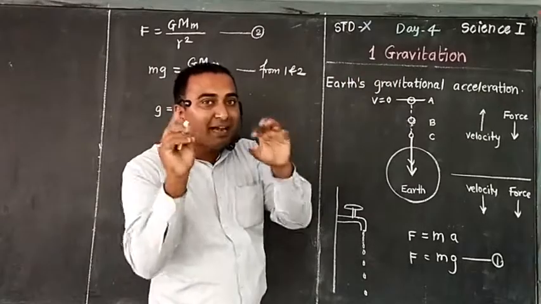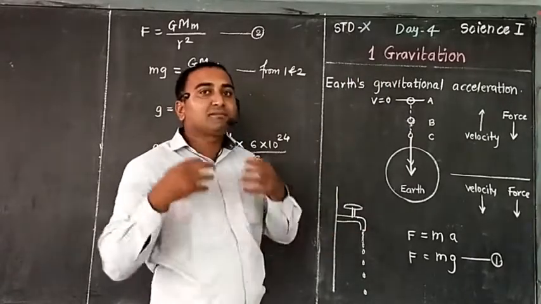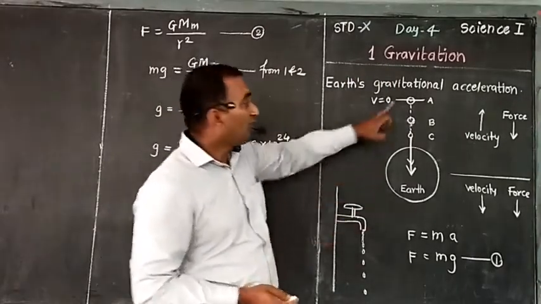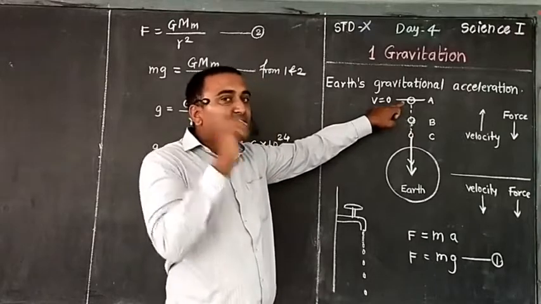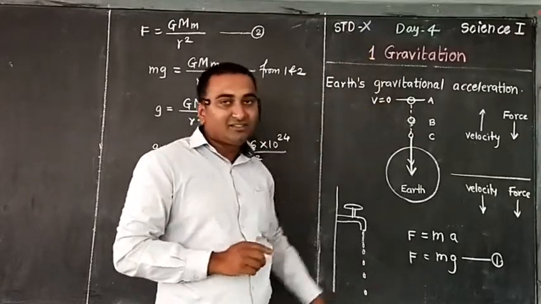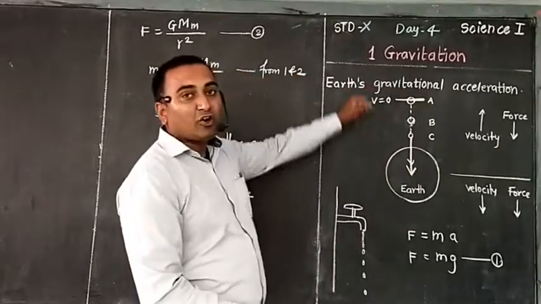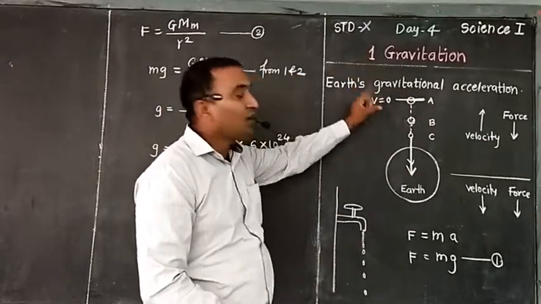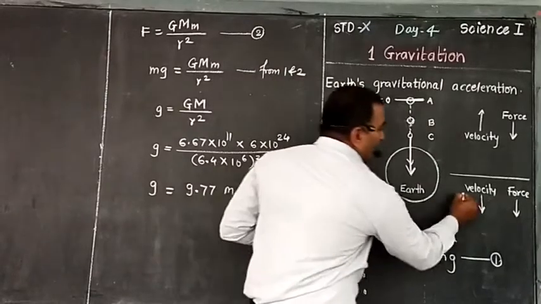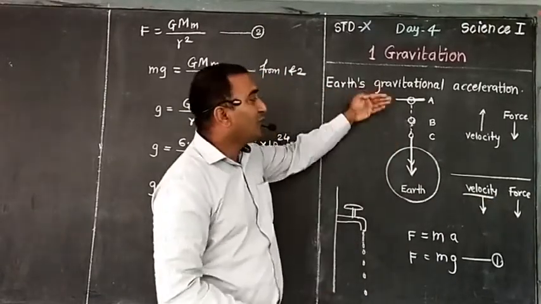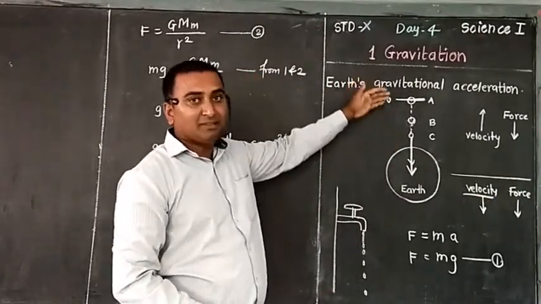Now your supplied force or your supplied energy is over. Now only one force is acting on that object and that is downward. So after reaching point A, that object starts to move downward. But see here, now the velocity is downward, from 0, 1, 2, 3 the velocity will increase. Why?